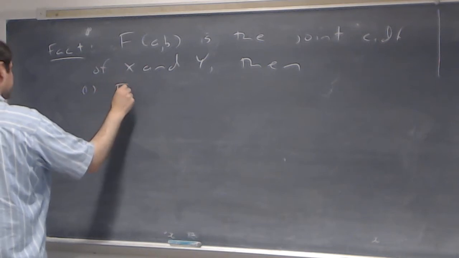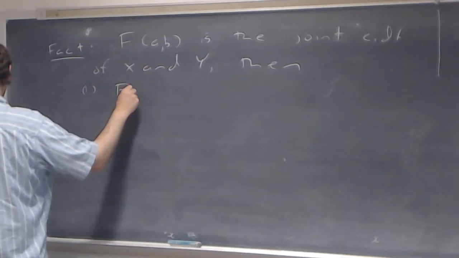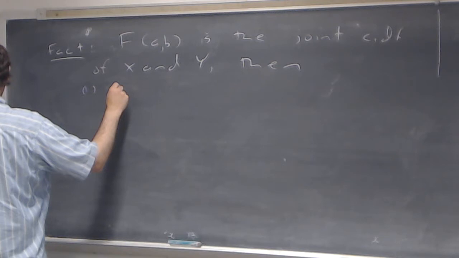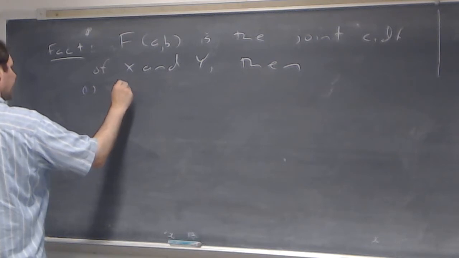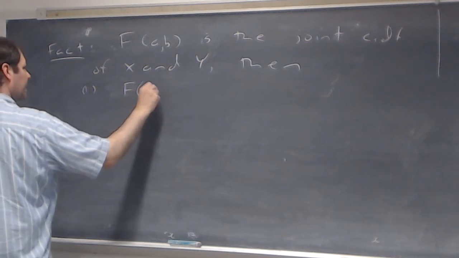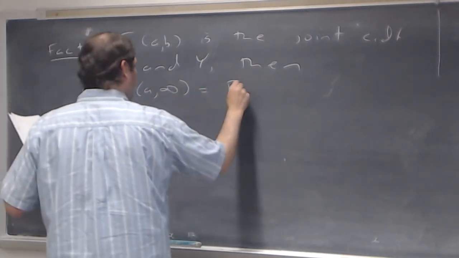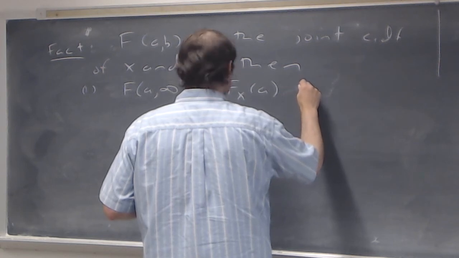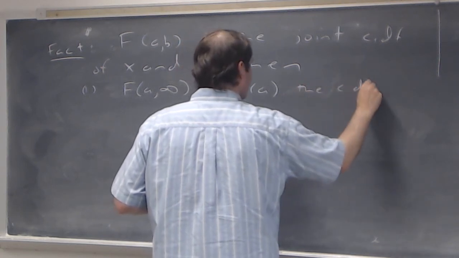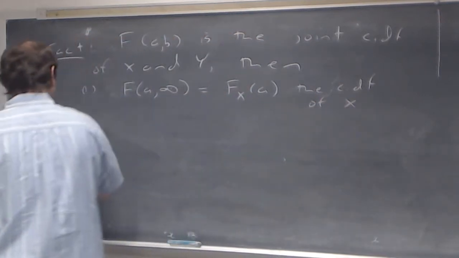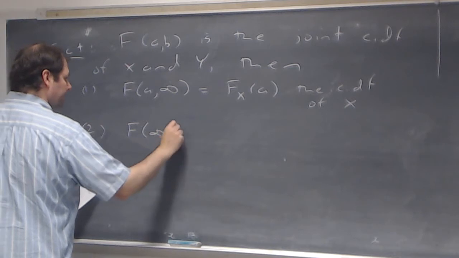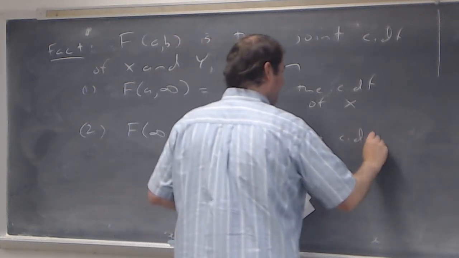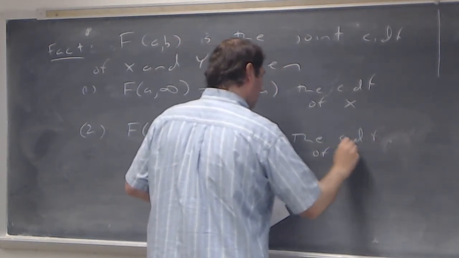the first thing we have is that 1, f of a, infinity is equal to f sub x of a, which is the CDF of x, and 2, f of infinity, b is equal to f sub y of b, which is the CDF of y.